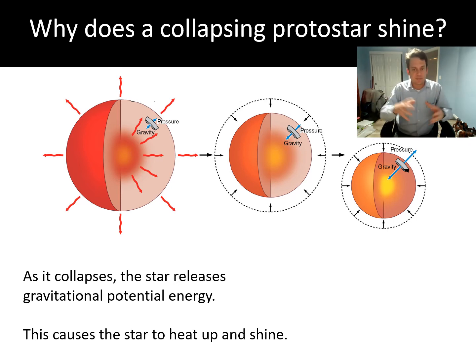So as they collapse, they speed up, they bump into one another, they heat up, and they get hot enough to shine. So it's not nuclear fusion in the core yet that's heating up the protostar. It's actually just the conversion of gravitational potential energy into thermal energy, heat, which makes it able to shine.